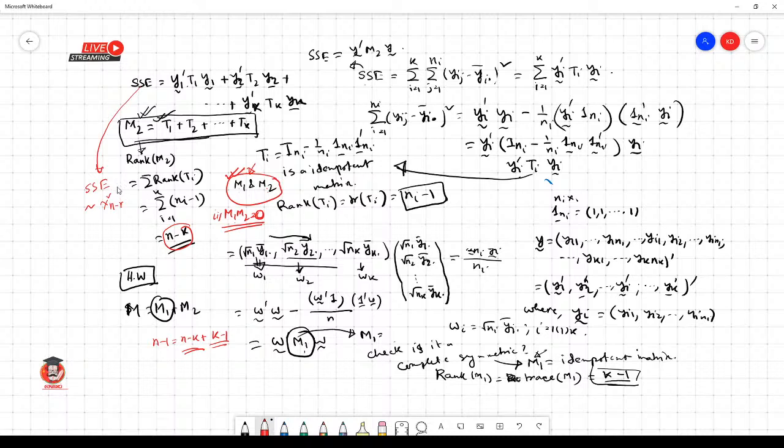If the variance is sigma square instead of 1, then you just need to multiply by sigma square here.